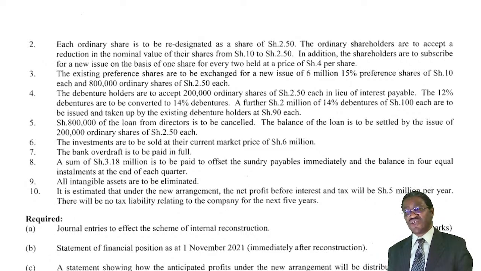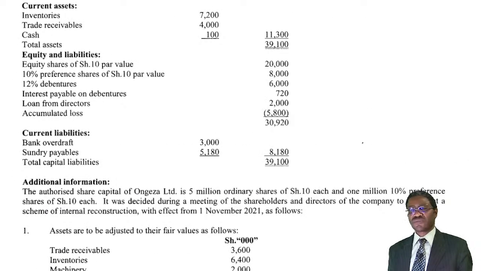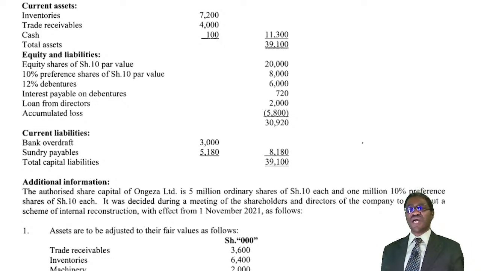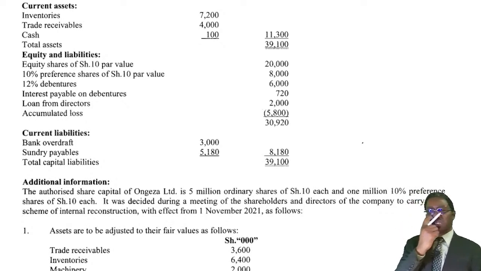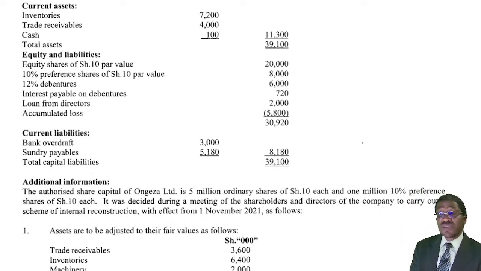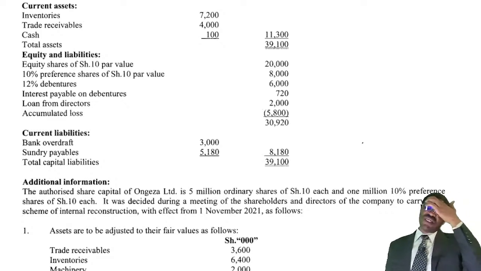So let me take you back. If you look at the balance sheet, what is the value of the existing preference shares? Let's go to the balance sheet and check. From this balance sheet, I can see our preference share capital is 8 million. What are they saying in the note?